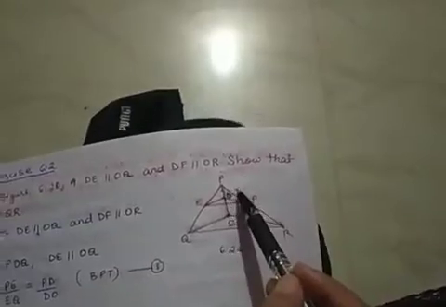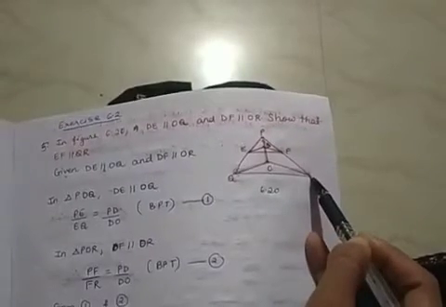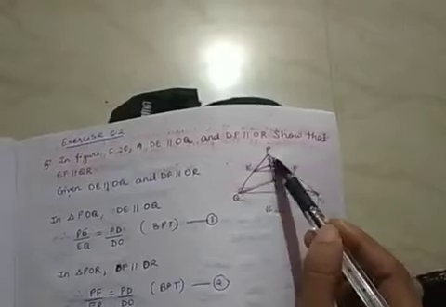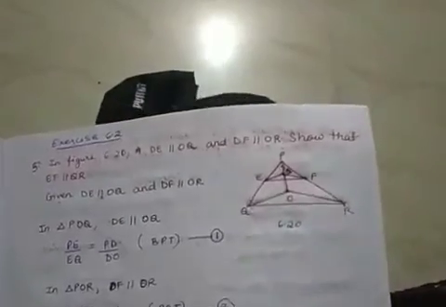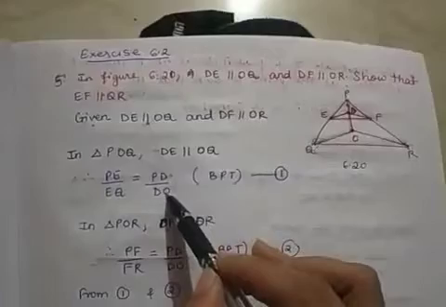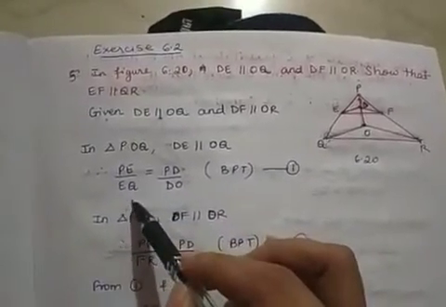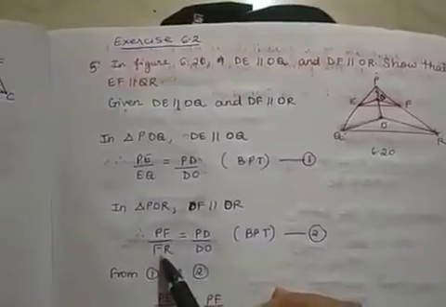Now let us take the other triangle, that is triangle POR. In this, DF is parallel to OR. So by basic proportionality theorem, PF upon FR should be equal to PD upon DO. So this is also by basic proportionality theorem. Now PD upon DO is equal to PE upon EQ, and also PD upon DO is equal to PF upon FR.